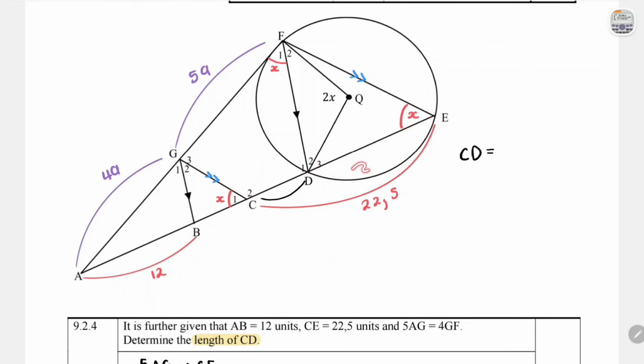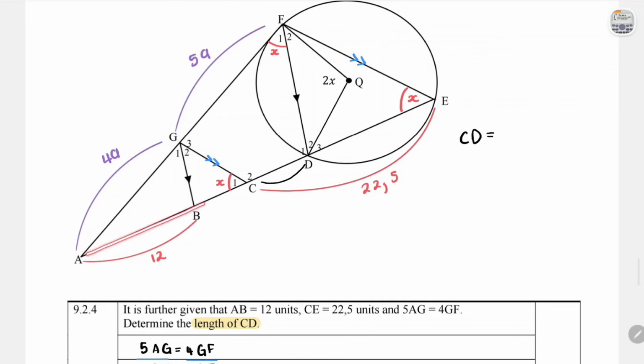But now finding DE and trying to relate it to something, that seems like something that may be a headache. So I'm going to avoid that. Let's not go with DE. We can look at CD on this side and now it has more familiar looking sides. Here's what I mean by that. CD can be found by taking the entire length of AD, like we have over there. And if you subtract this by AC, then that gives you CD, okay? So that is our plan.